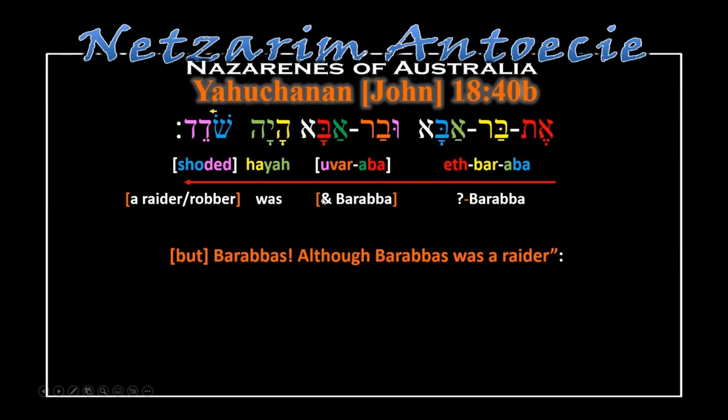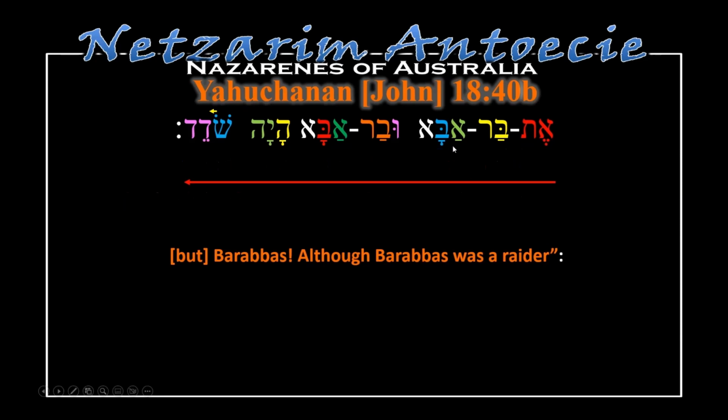Uvar Abba, and Barabba, haya, meaning was, shoded, a raider or a robber. But Barabbas was a raider. So we read that. Et bar abba, uvar abba, haya, shoded. Grammar marker Barabba, and Barabba was a raider or robber.